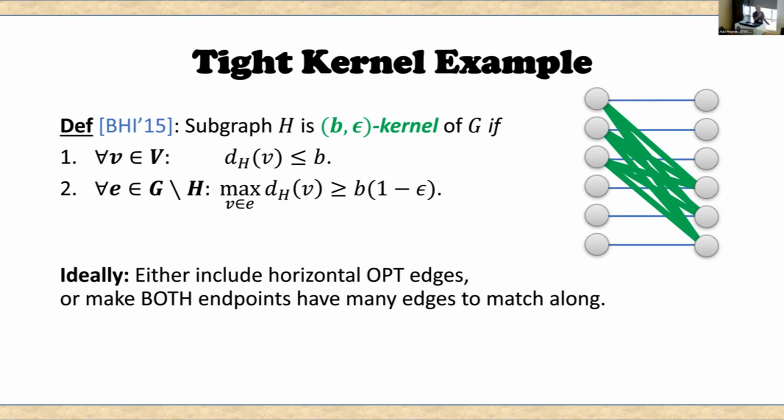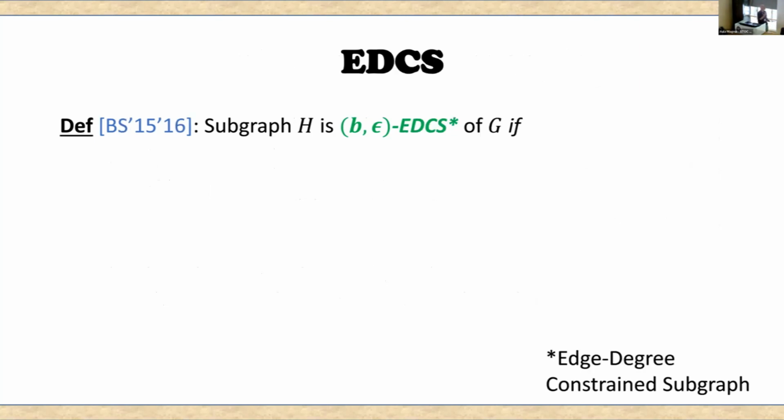This brings in this new definition of Bernstein and Stein from 15. I'm crediting both works, but first, of course, defined it. We say a subgraph H is a B epsilon edge degree constrained subgraph, or EDCS for short, if it satisfies the following.